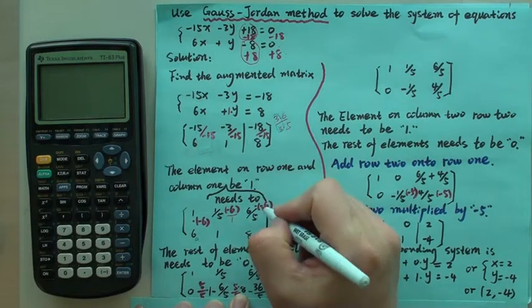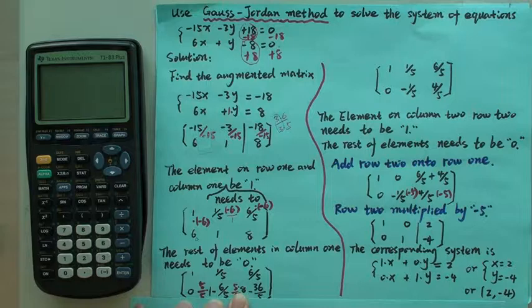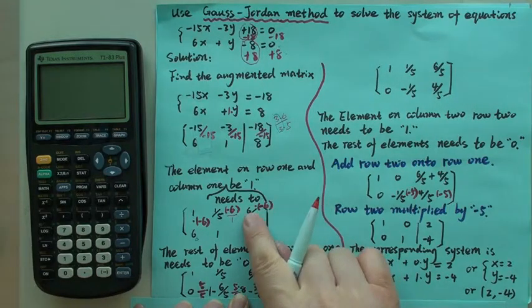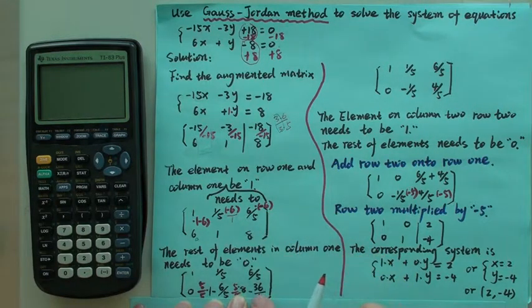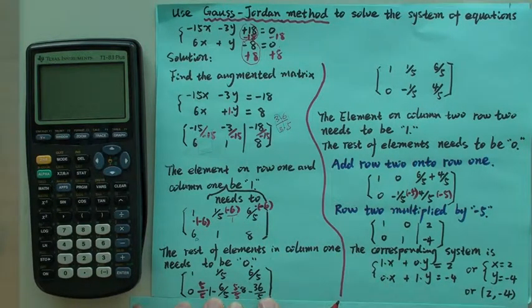Let me write this negative longer. Now, 6 times negative 6 is negative 36. Downstairs is 5. And then 8 minus 36 over 5.